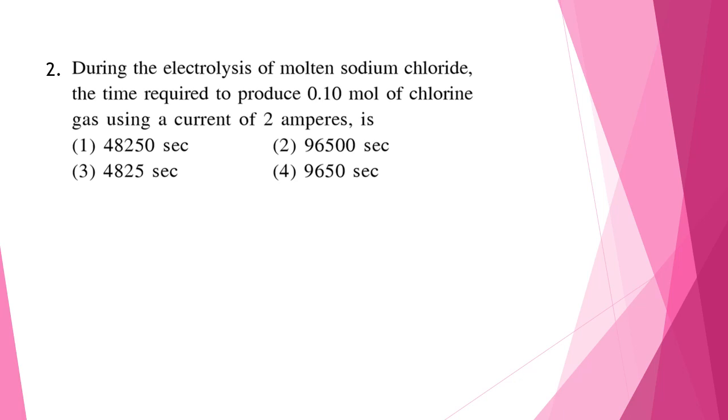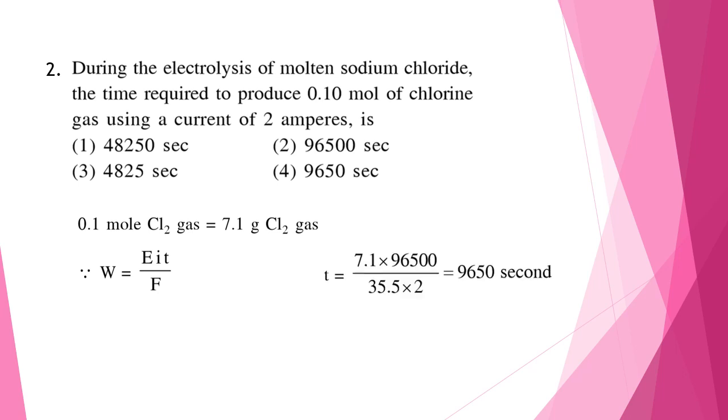So 0.1 mole of chlorine gas is given, therefore weight will be 7.1 grams. Now you know that weight is equal to E into current into time divided by F. So when we substitute the values for each, we get T is equal to 9650 seconds. So the correct answer will be option 4.